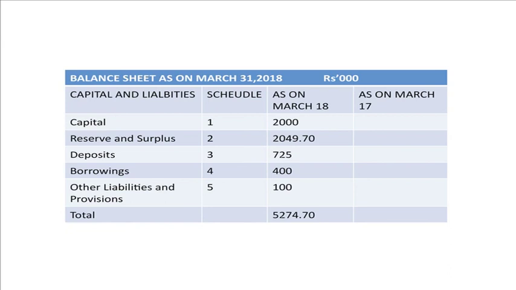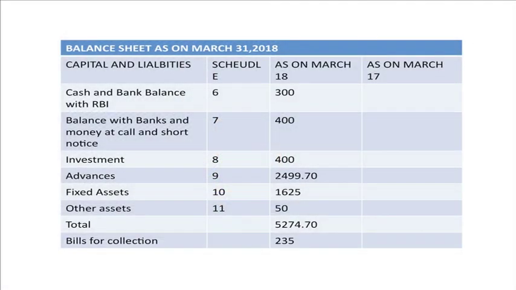So, the total of capital and liability side is 5274.70 in thousands. Then we will move towards the asset side. Cash and bank balance with RBI is 300. Balance with bank and money at call and short notice schedule 7, 400.